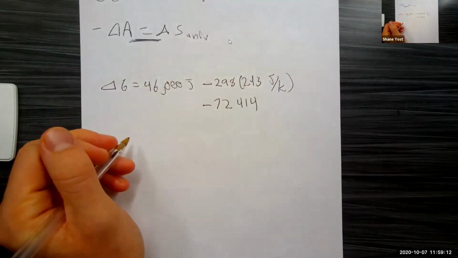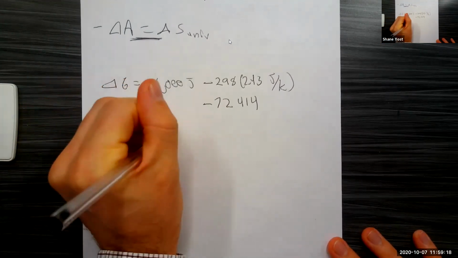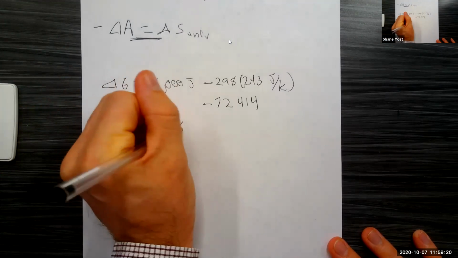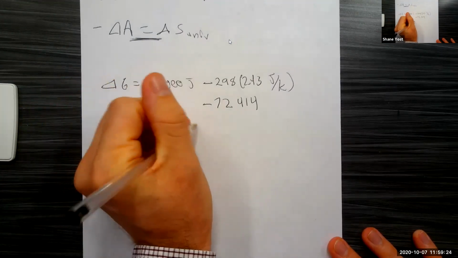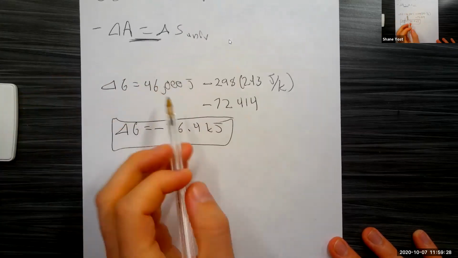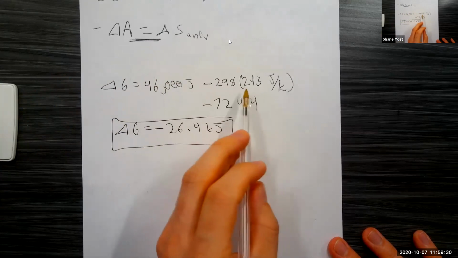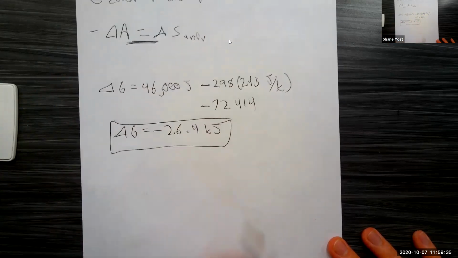Taking that difference, this delta G is going to be, converting back to kilojoules, minus 26.4 kilojoules. You could have converted this to 0.243 kilojoules per Kelvin and done everything in kilojoules, right?